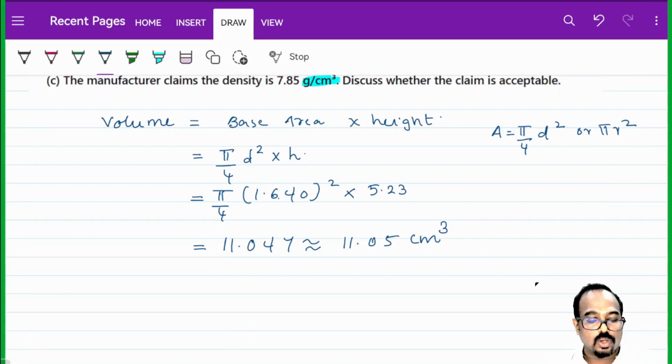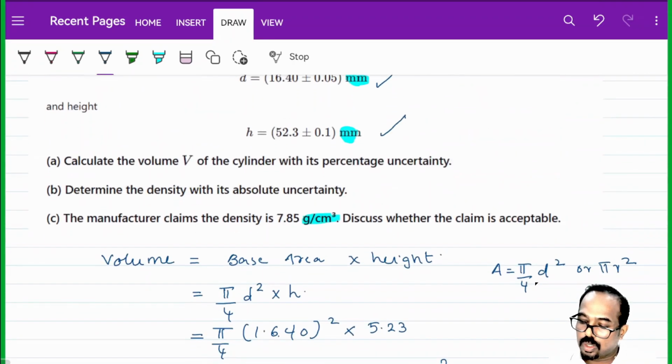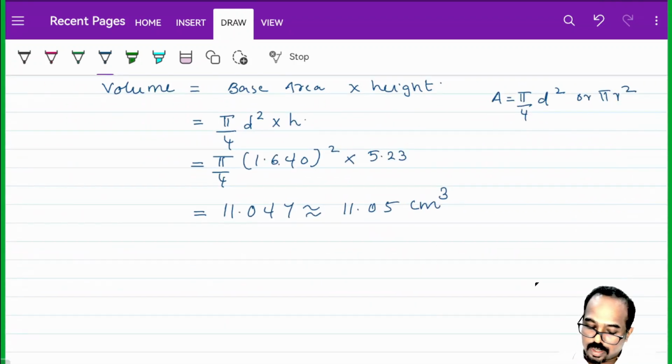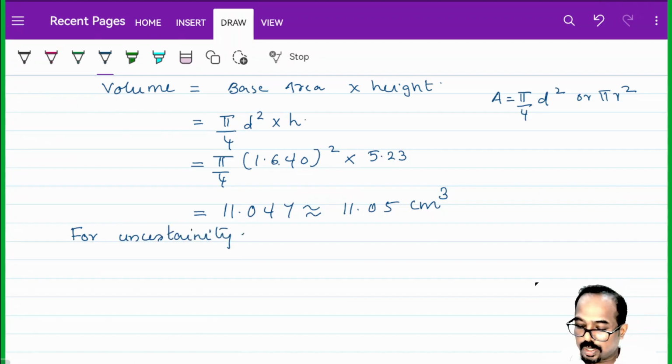Now what you need to find out? The uncertainty, right? The question says the volume of the cylinder with its percentage uncertainty. When you check the volume equation, check what operation has been done. I'm writing it, okay? For uncertainty, what operation have you done?